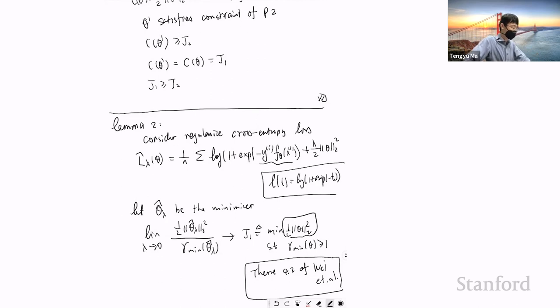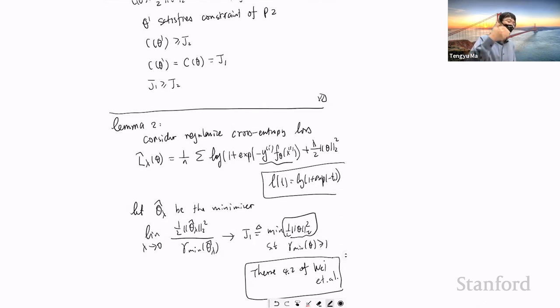Okay. Any questions? Yeah, so the general gist is that suppose you care about the max margin solution. But the max margin solution requires a complexity measure, right?